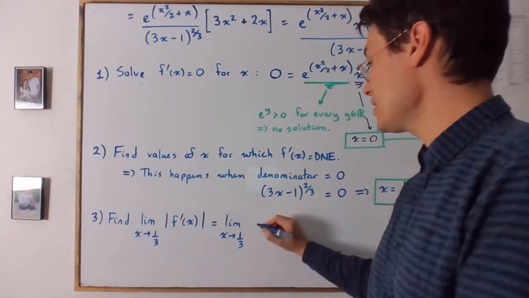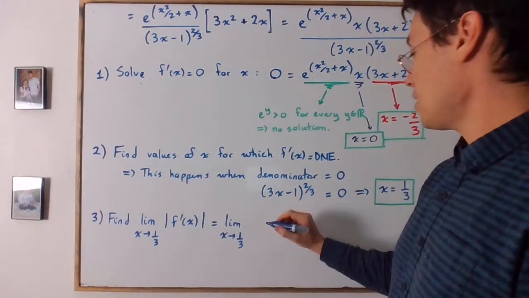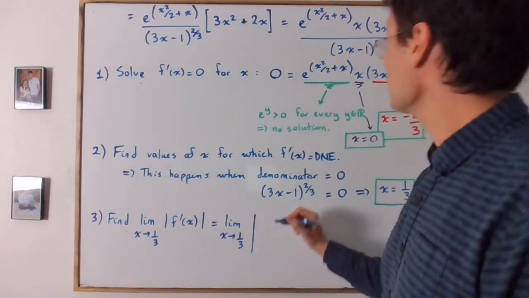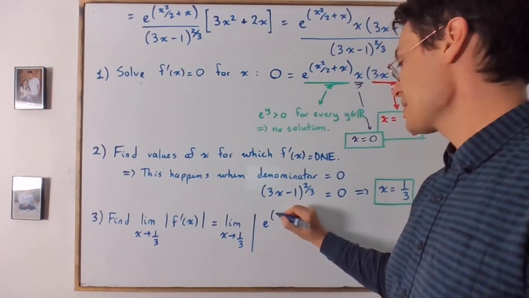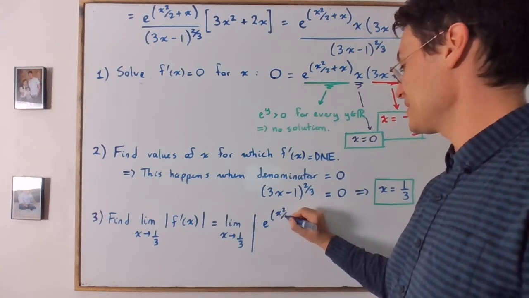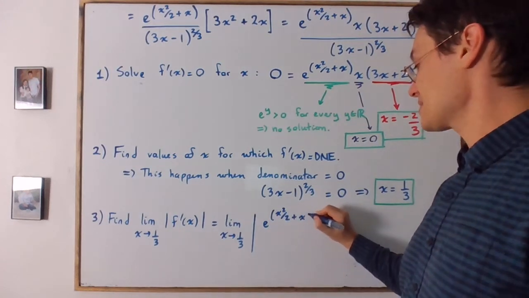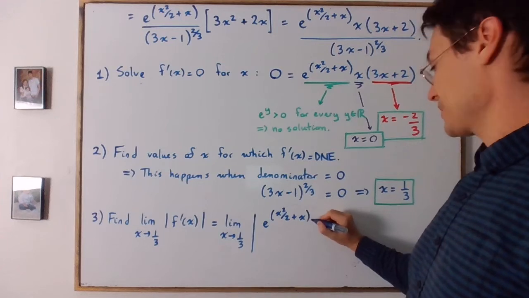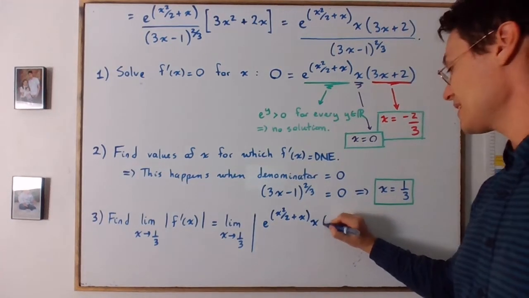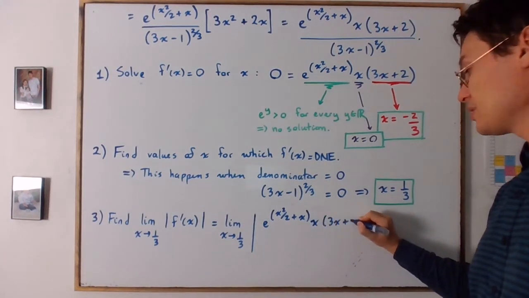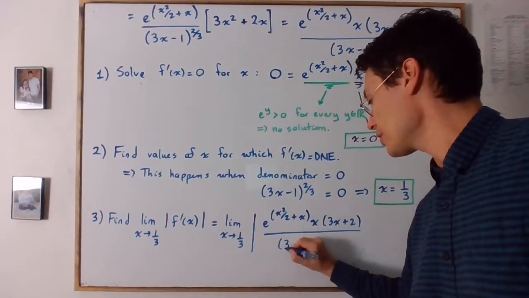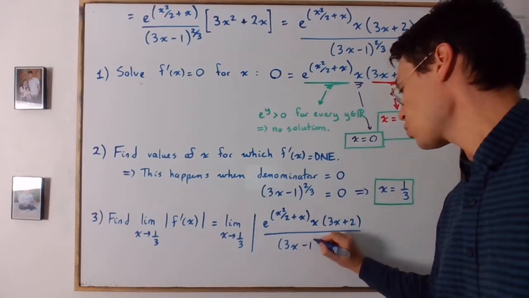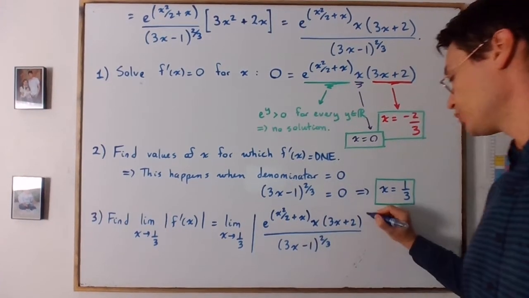Let's actually put everything in an absolute value. That I think is a great idea. So we'll have here this plus x, then we have x, and then we have 3x plus 2. And all of that is divided by 3x minus 1 to the power of 2/3.